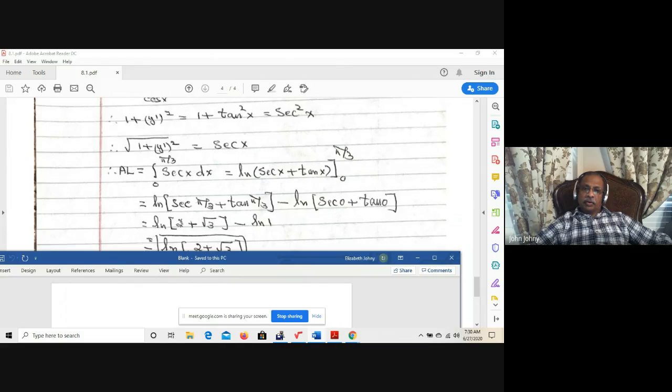Here again, if you are not sure about this number, you may either use the unit circle or you may use the calculator.